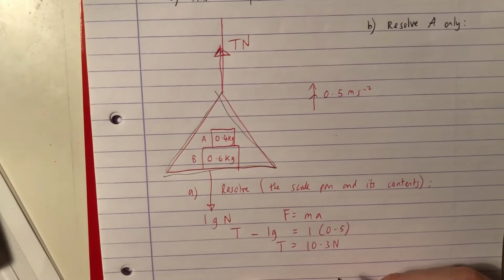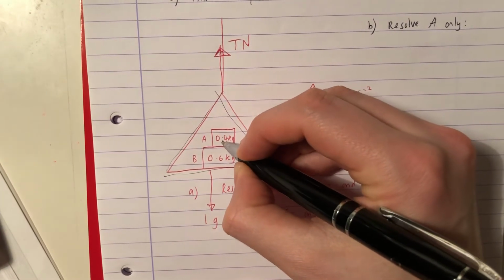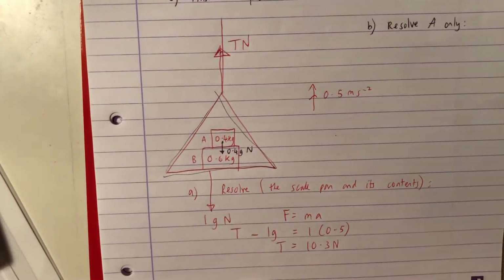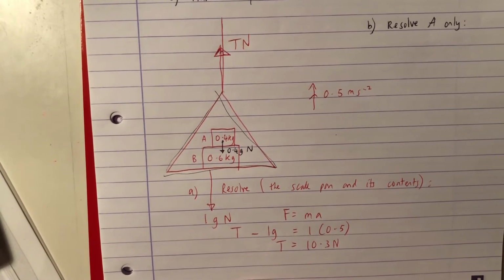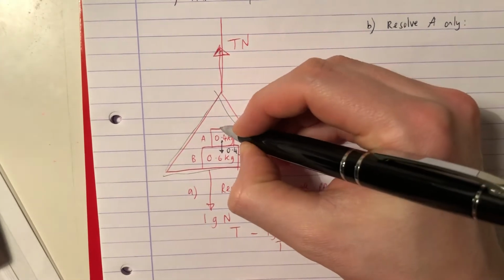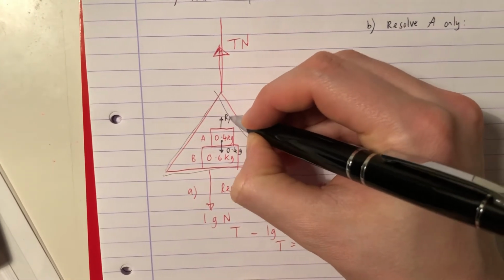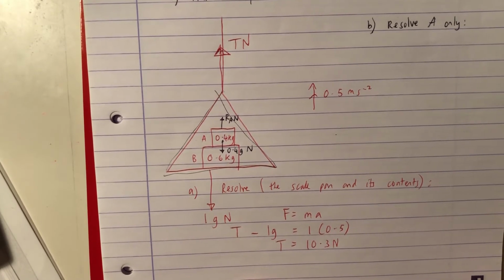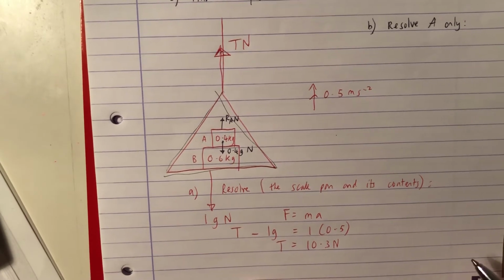Okay, so object A has a weight 0.4g newtons. Object A is in contact with a surface. There's going to be a reaction force, Ra newtons. And there are no other forces acting on object A. Those are the only two.